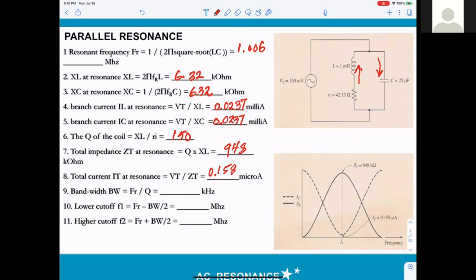The answer is 6.7 kilohertz. Perfect. Yep. That's all.